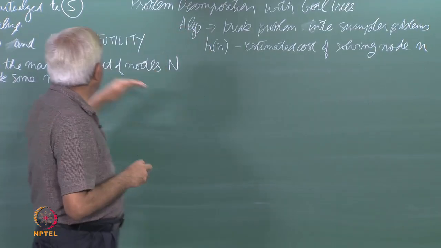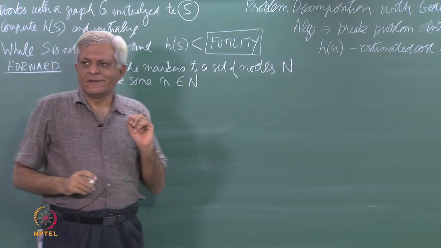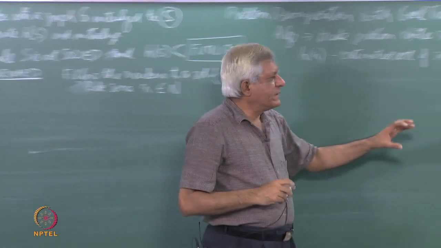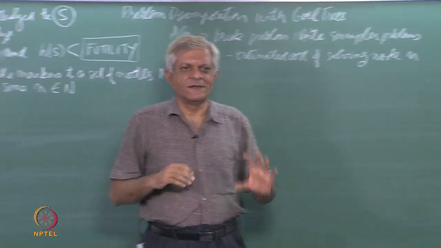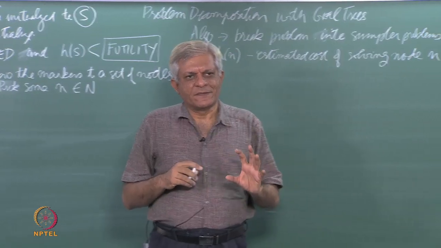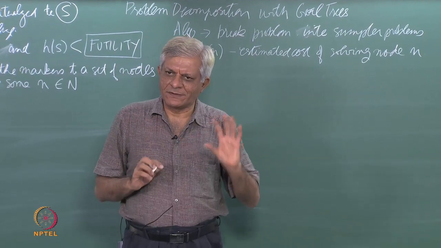Or if you keep in mind the fact that we have some bound on the cost of the solution that we are looking for. If you have to do two things anyway and your success depends on doing both, and if one of them is harder, then you should see whether you can do that harder thing first, because then you hope of solving the easier thing later.